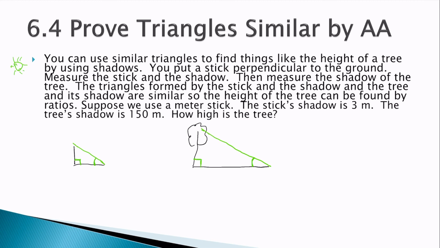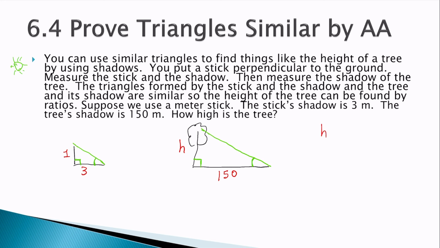So that means these triangles are similar by the AA similarity. We're told that we use a meter stick, so the stick is 1 meter, and its shadow is 3 meters. The tree's shadow is 150 meters. How high, we'll call it H for height, how high is the tree?